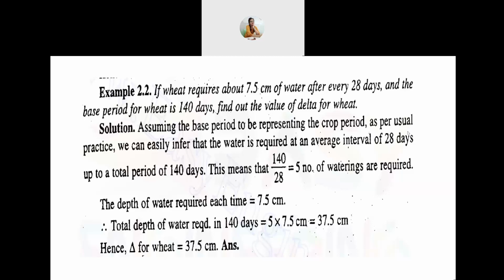So now when we find the total depth of water required in 140 days, it is 5 into 7.5 centimeter. 5 is the number of waterings required and 7.5 is the depth of water required each time. By multiplying these two values, we get the answer as 37.5 centimeters. So hence delta for wheat is found to be 37.5 centimeter.